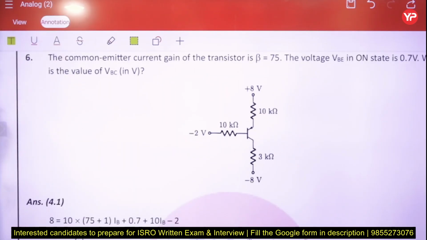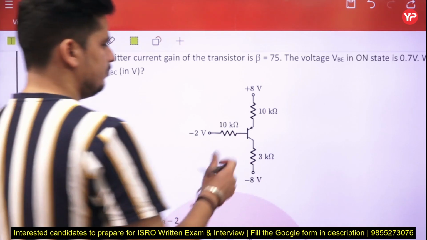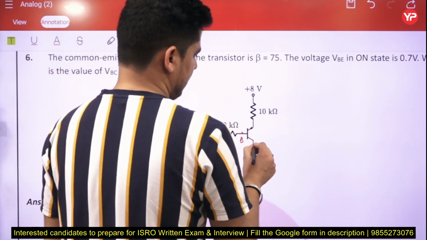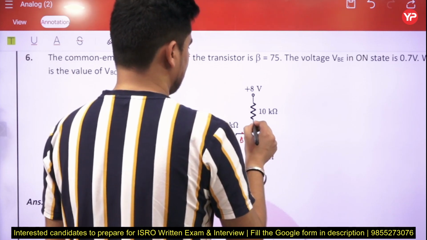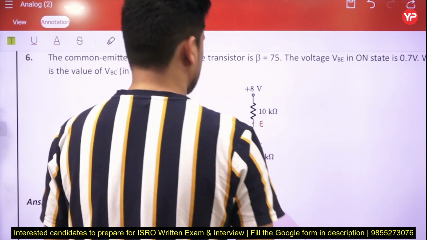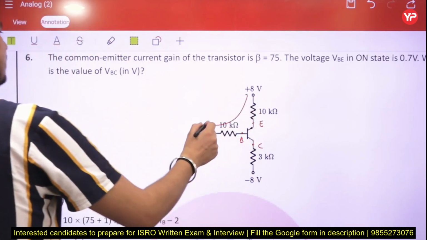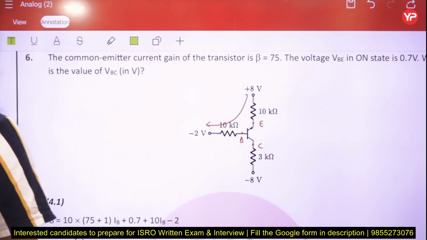The common emitter current gain of a transistor, beta, is given to you, VBE on is 0.7. What will be the value of VBC? This is the base terminal, this is the collector terminal, and this will be the emitter terminal. So we have to calculate the voltage VBC. First, we apply the KVL at this loop and calculate the IB.